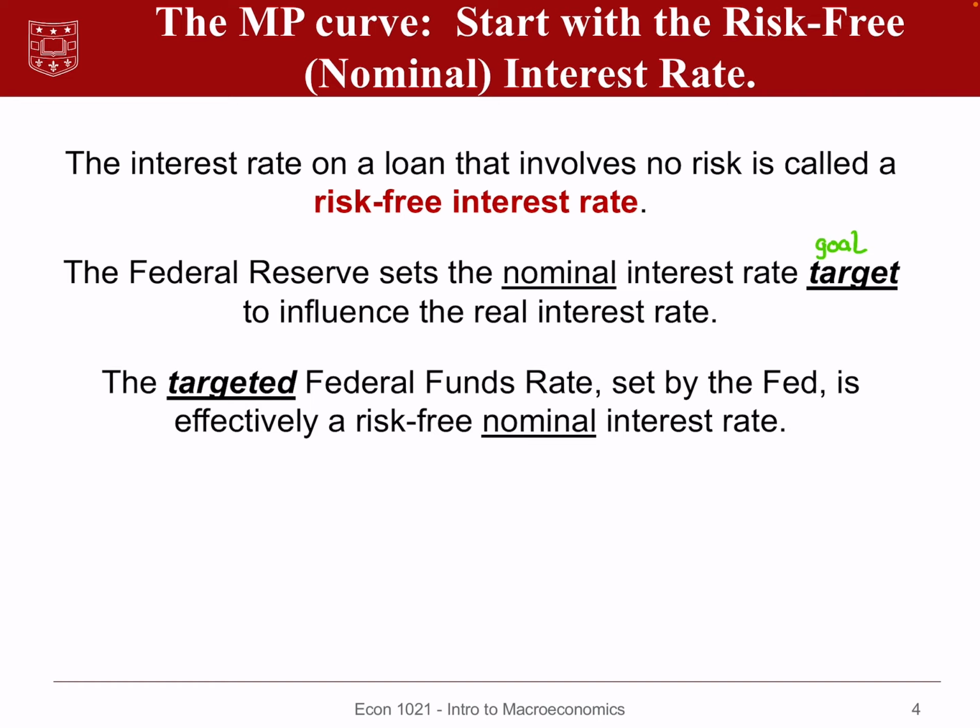So it sets this goal for a specific interest rate in the macroeconomy that's known as the federal funds interest rate. And that sort of sounds like it's something that the Fed sets, but it's not. It's a market-driven interest rate. It's actually an interest rate, of course, determined by supply and demand for a thing that's known as bank reserves.